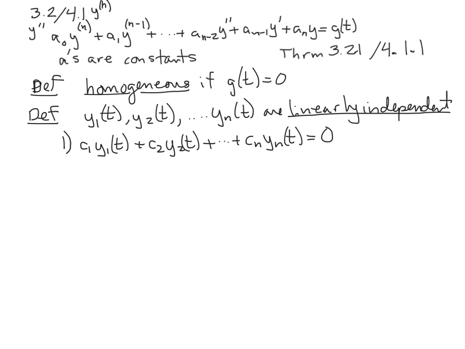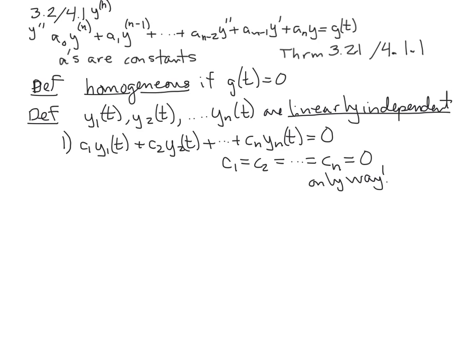And we are going to say that these functions are linearly independent if, when you find the constants where the combination is equal to 0, the only way to get that is if all those constants are 0. So if c1 is equal to c2 is equal to c sub n is equal to 0, and it's the only way.